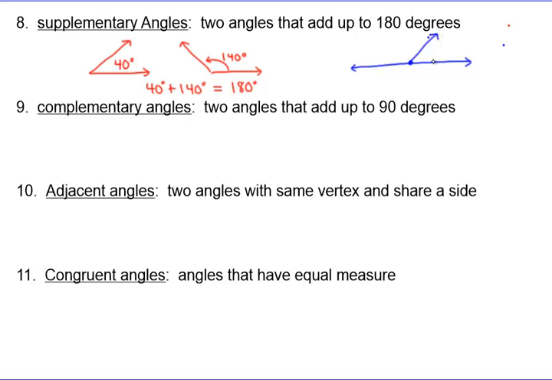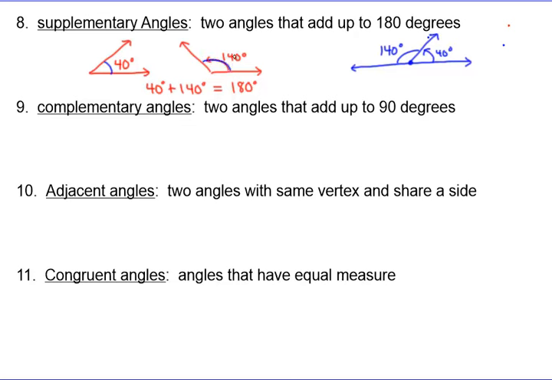And let's say that this was 40 and then this was 140 degrees. Okay, those are still supplementary angles because they add up to 180 degrees. It doesn't matter how the picture is drawn, but keep in mind it can be two separate angles.